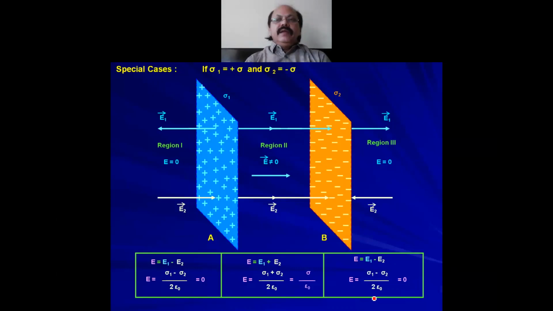So you see here, when we are taking plate A having the surface charge density sigma, that is positive charge distributed. When we take plate B, surface charge density minus sigma, then a negative charge is distributed. So in that condition, see the direction of the electric fields. Due to plate A, radially away, represented by E1, here also radially away, and here it is also radially away.